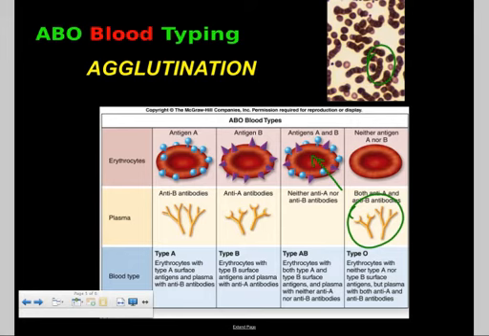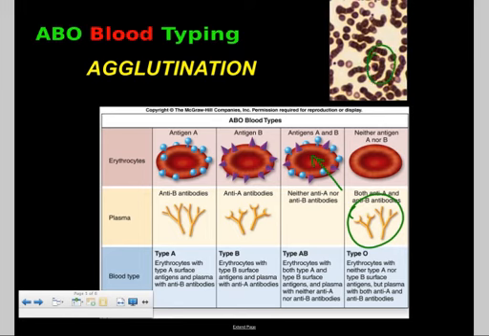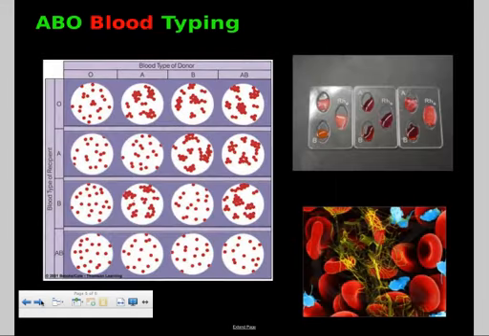Anytime the antibodies of one blood type attack the surface proteins of the other blood type, the red blood cells are going to stick together and agglutinate. Okay? So what we can do at a crime scene is that we can take the blood samples that we get and we can mix them with the antibodies of type A, type B, and type AB individuals. And upon mixing, we will get what we will consider to be agglutination or sticking together of the cells.